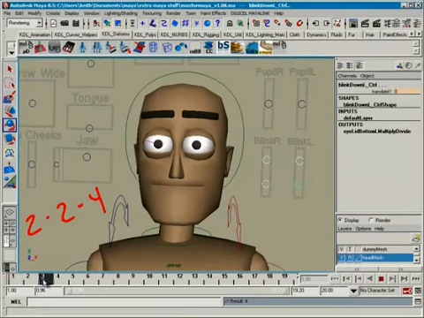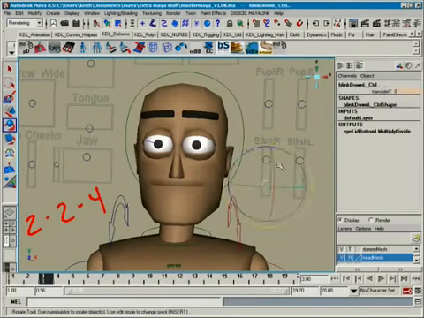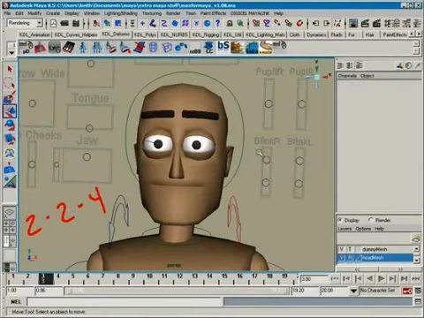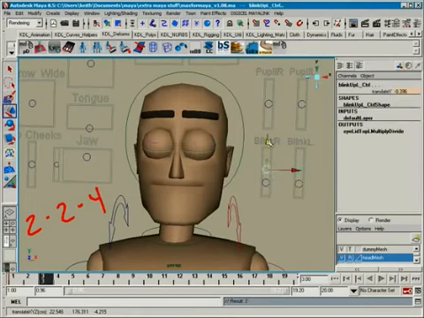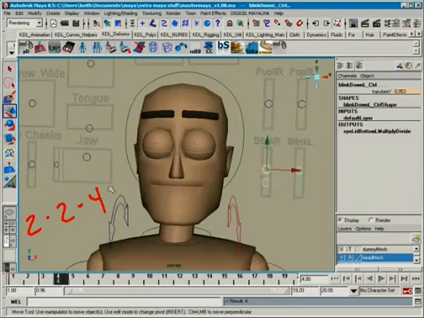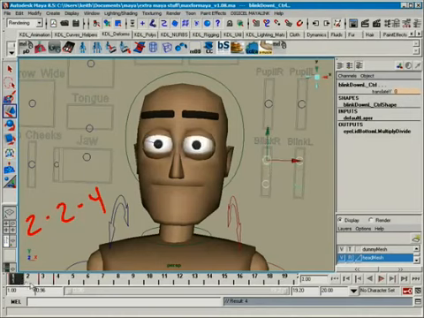1, 2 to get closed. So the bottoms we pull up a little bit, tops we pull down most of the way. And key those. Hold them for 2 frames, 1, 2, and then open in 4. So 2 to close, hold them closed for 2. So it's 1 frame, 2 frames to close it. The frame that's closed counts as one of these 2.